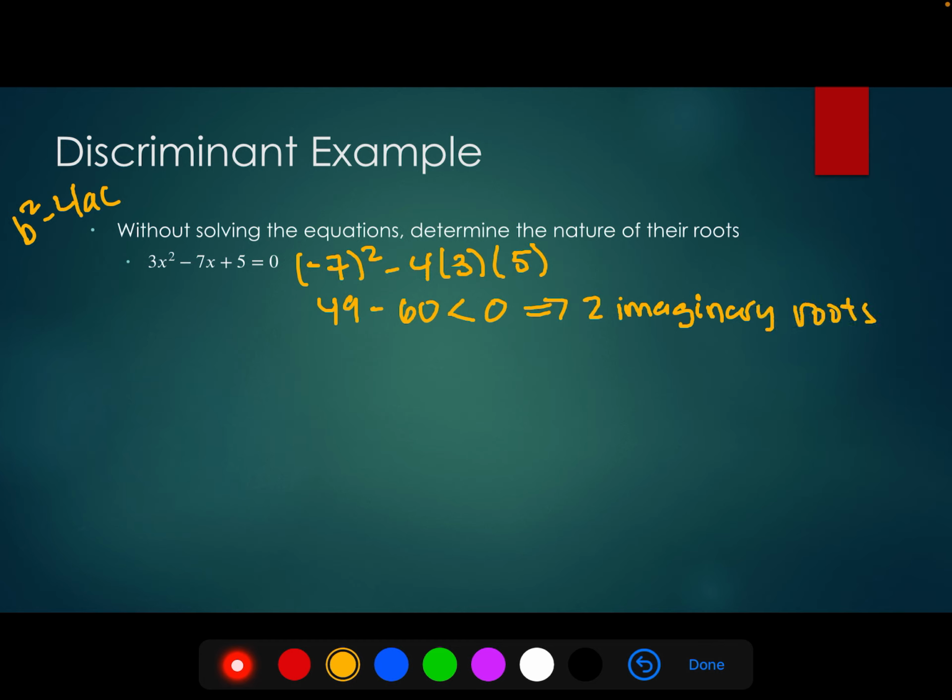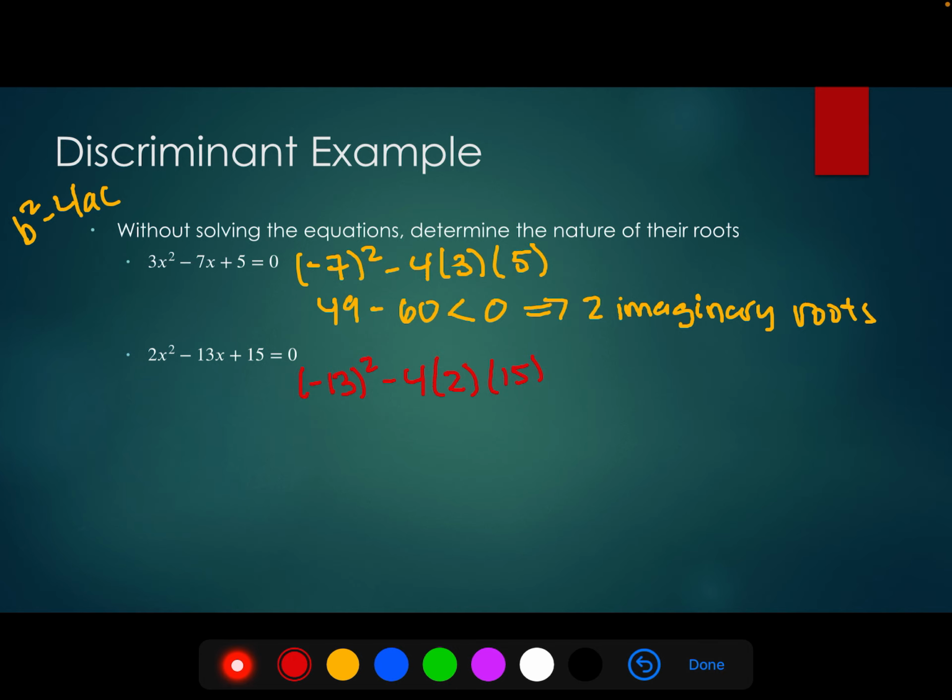Let's take a look at our next example here. We have 2x squared minus 13x plus 15. Here we're going to do the exact same thing. Just take our b squared minus 4ac, use the discriminant. So here, b is negative 13, so we take negative 13 squared, minus 4 times our a term, which is 2, times our c term, which is 15.